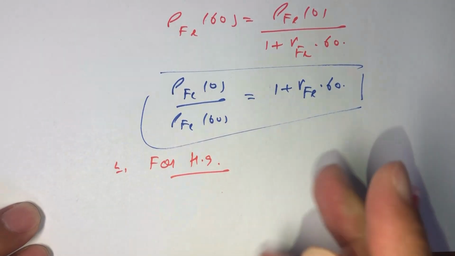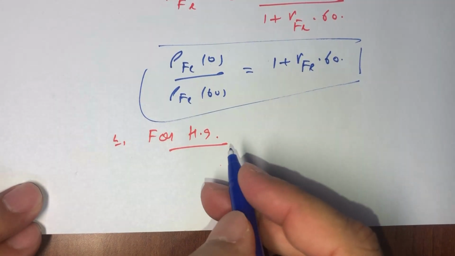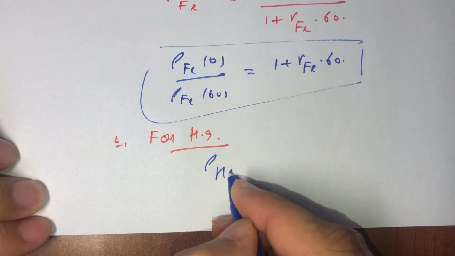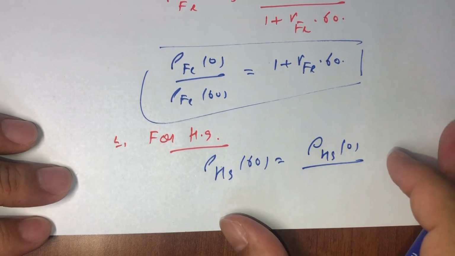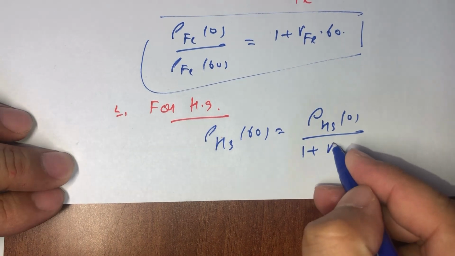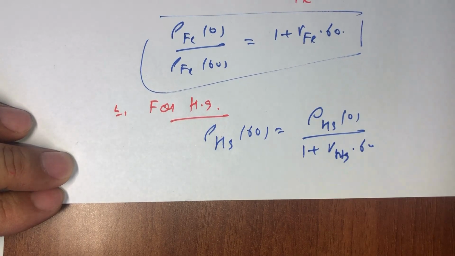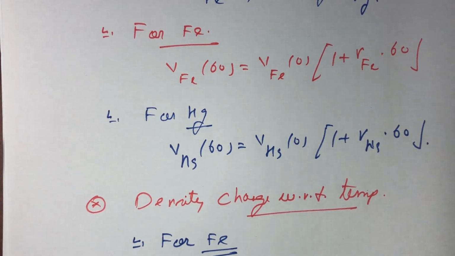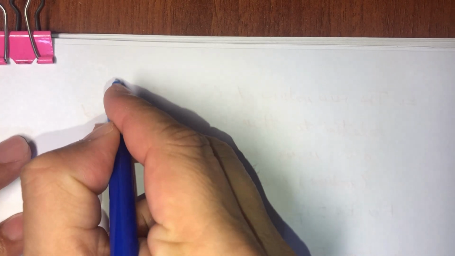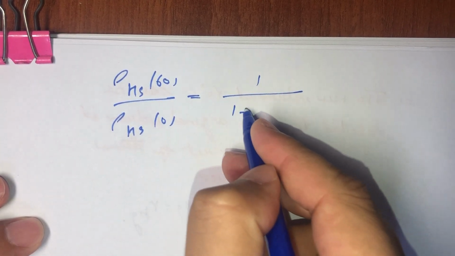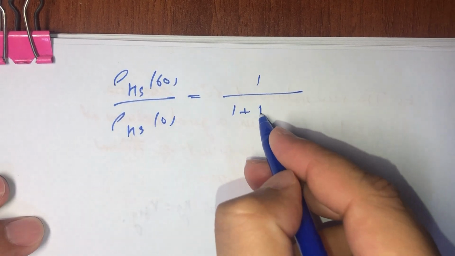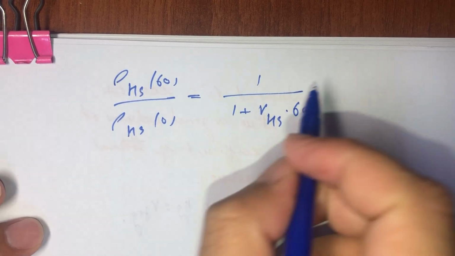For Hg, we have density of Hg at 60 will be equal to density of Hg at 0 divided by 1 plus the coefficient of expansion multiplied by 60, and this can be written as rho Hg at 60 over rho Hg at 0 will be equal to 1 upon 1 plus, sorry, this is rho not gamma, gamma Hg multiplied by 60.